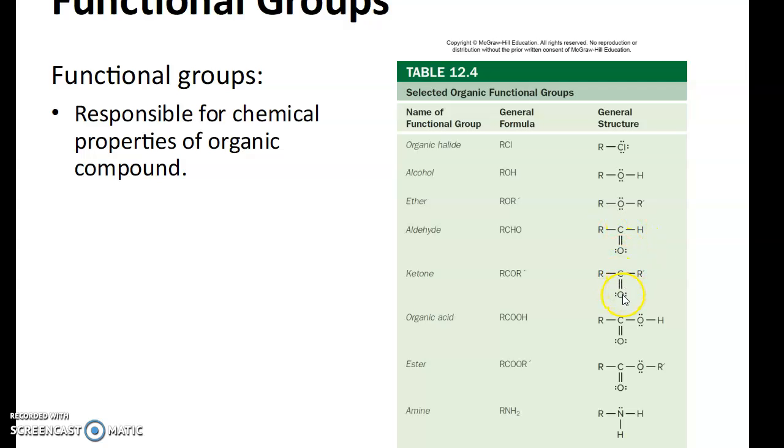If you have a double bond with carbons on each side of that carbon, it's a ketone. If you have a double bond and then this carbon is attached to an oxygen with an OH, with an H there, this becomes an organic acid. Okay, this bond right here is somewhat covalent, but it's possible to ionize this. If you have a carbon instead of a hydrogen there, it becomes an ester. And an amine is when you have a carbon attached to a nitrogen. We'll talk about each one of those in a bit more detail.